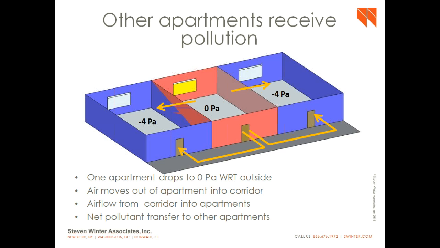And what we found was air was flowing out of this apartment with the open window, down the corridor, and into the apartments that were still negatively pressurized. So this is obviously not a good situation. Someone generates pollutants in their apartment, they try to ventilate it, and it ends up going into everyone else's apartment. It's not good, but unfortunately this is a pretty common phenomenon.